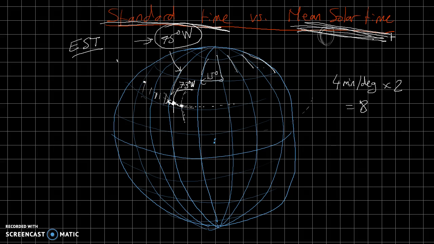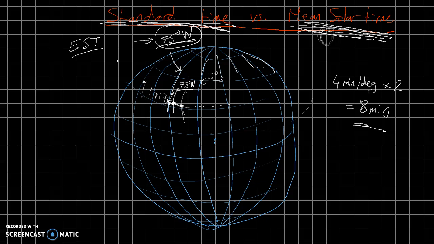Our mean solar time in Montreal is 8 minutes away from the standard time that we use in our everyday clock. Is it earlier or later? We are further to the east. So the sun will pass through Montreal before passing through the 75 degree west meridian.